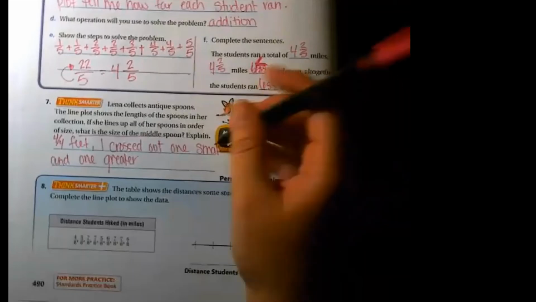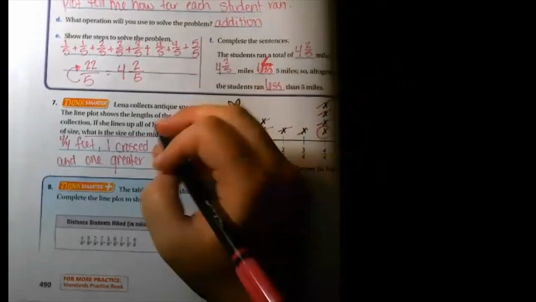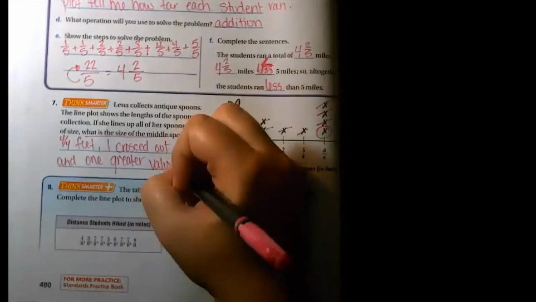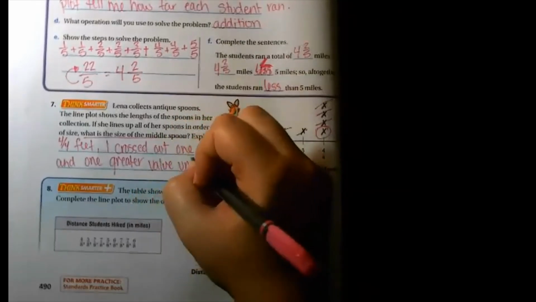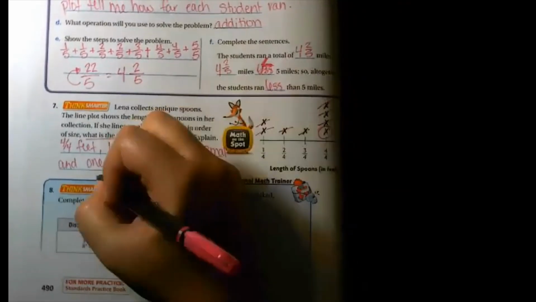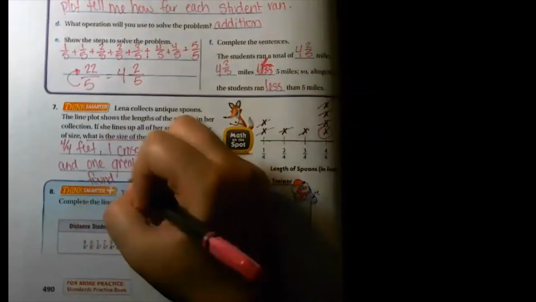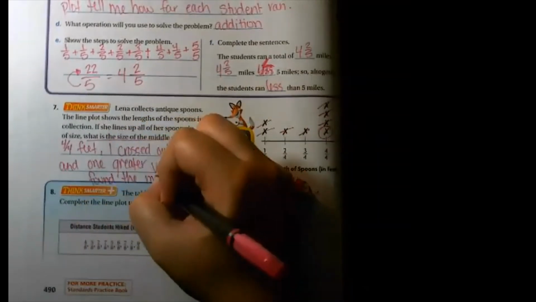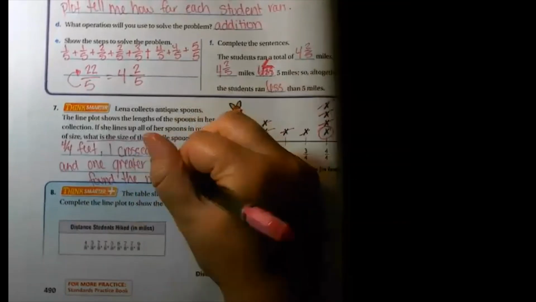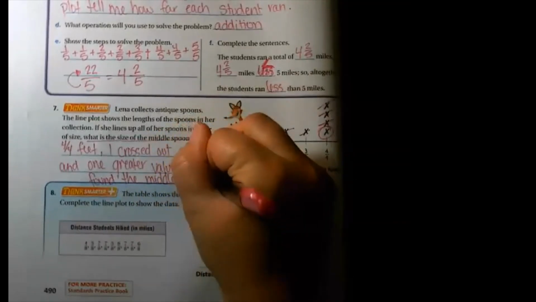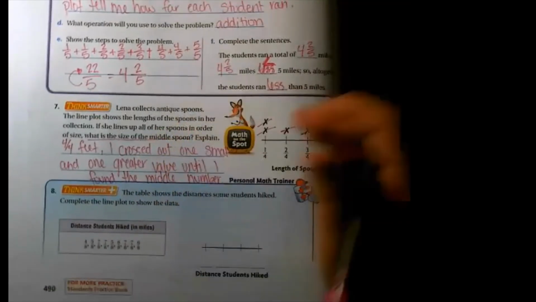I crossed out one smaller and one greater value until I found the middle. Until I found the middle number.